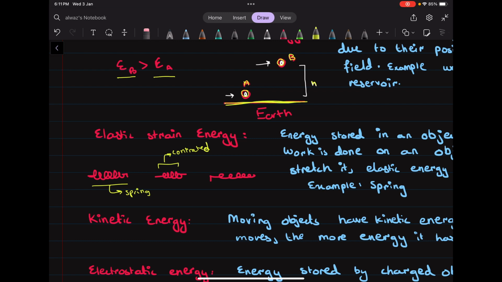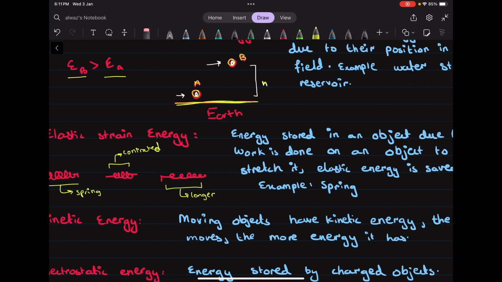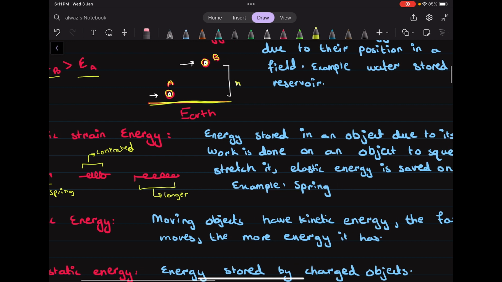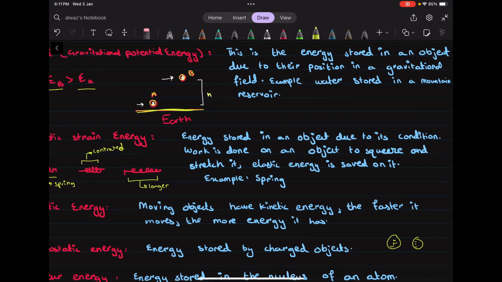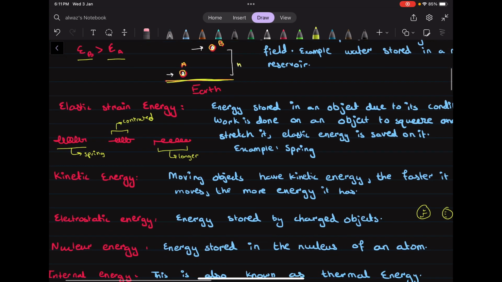And when you pull the spring from both sides, it becomes longer. This longer spring also has elastic strain energy inside it. So elastic strain energy is the energy in an object due to its condition. Work is done on an object to squeeze and stretch it, and elastic energy is saved inside it. An example of this is a spring.